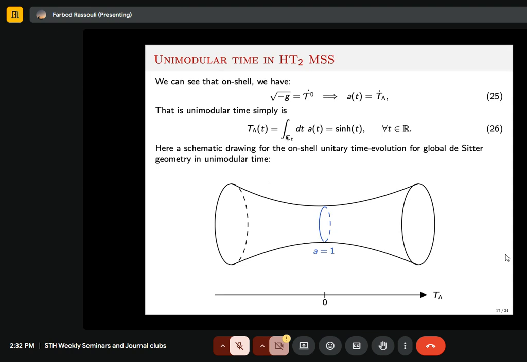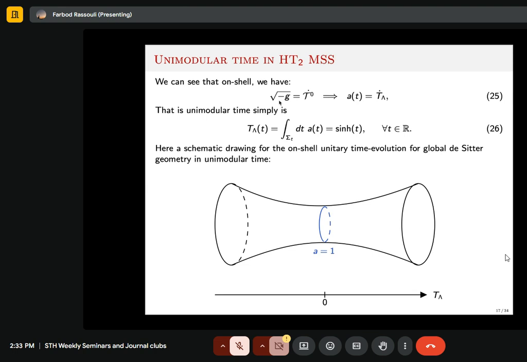So in unimodular gravity, as you can understand, the unimodular condition is the most important bit, which is the root of energy equal to partial of T. This time T, which is canonically conjugate to the vacuum cosmological constant, appears in a very topological, it's a topological part of the action.